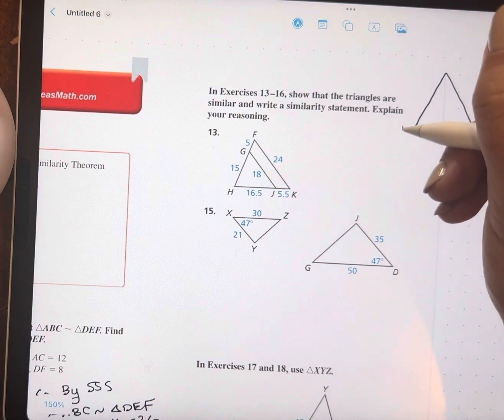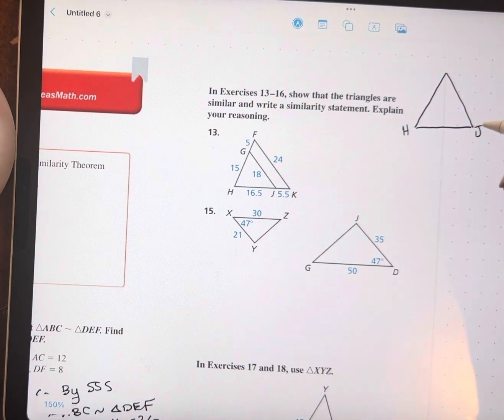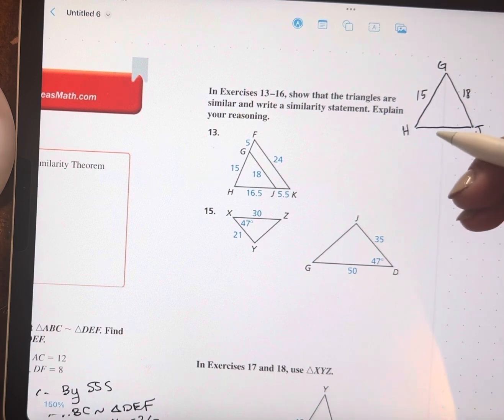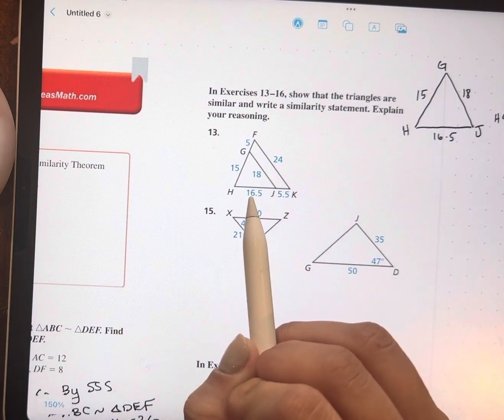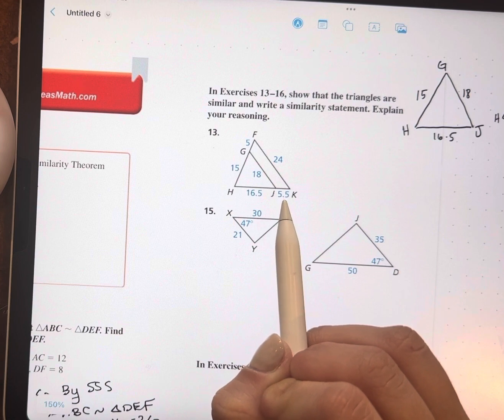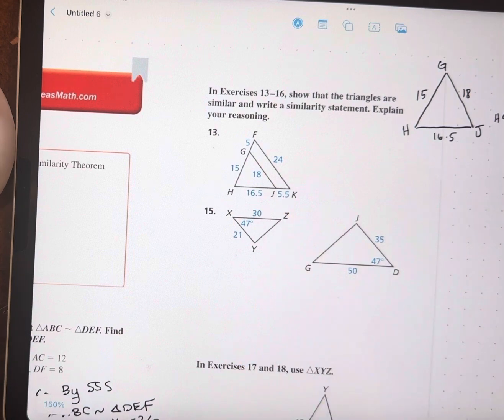It's too confusing. H, J, G, this is 15, this is 18, this is 16.5. And then the other bigger one is H, F, K. Now look, HK is 16.5 plus 5.5, which is 22.